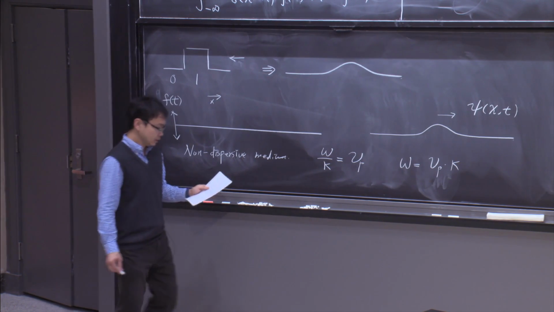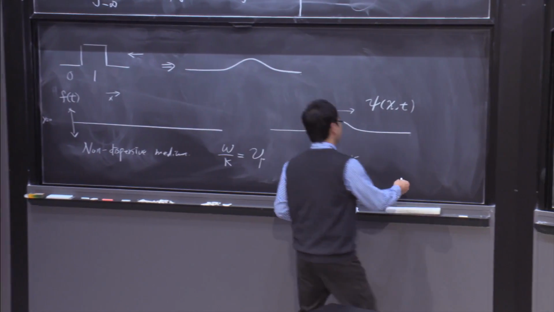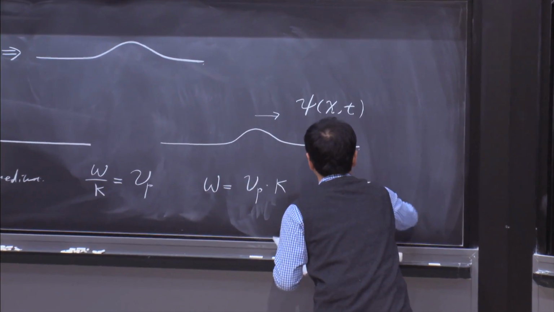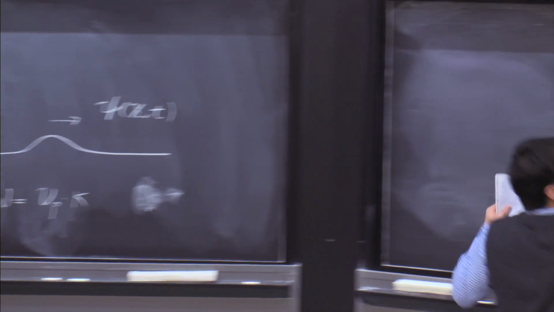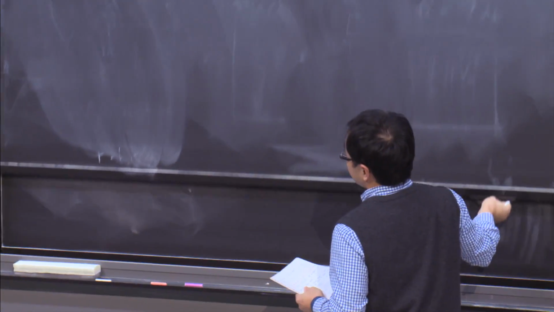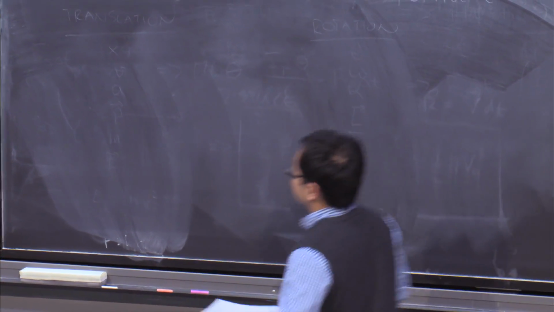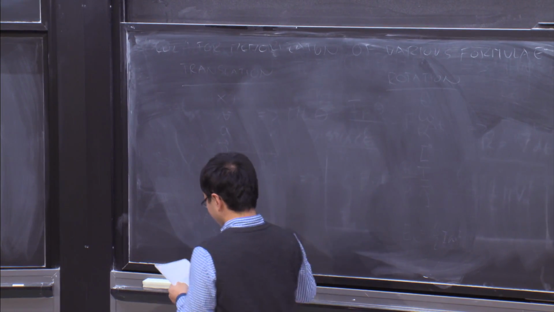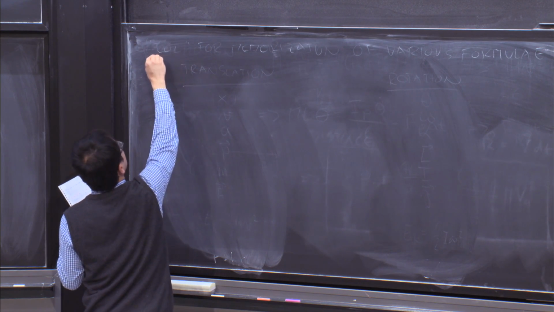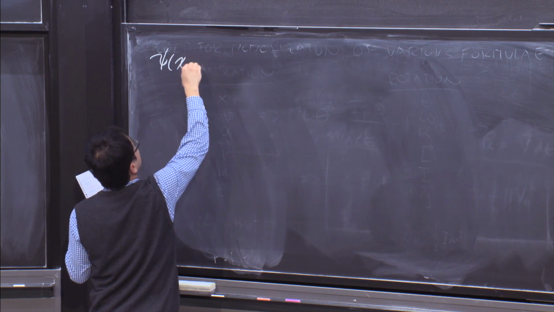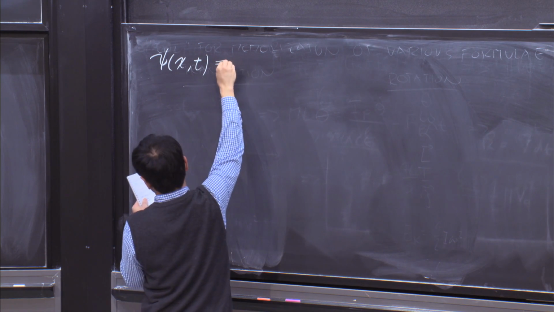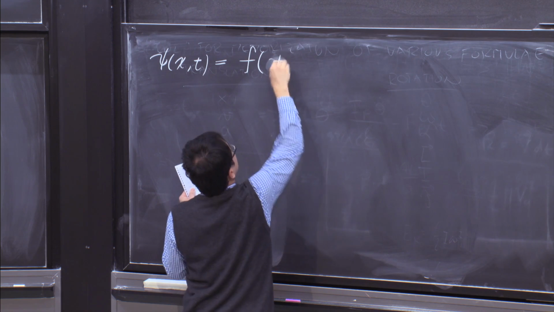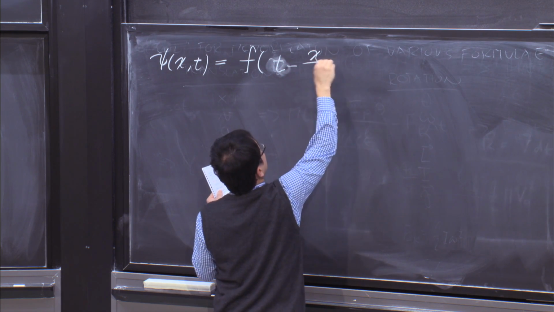In this case, if I have a non-dispersive medium where no matter what frequency, the speed of the harmonic traveling wave is a constant, which is Vp, I can write down psi of x and t to be equal to f of t minus x over v.